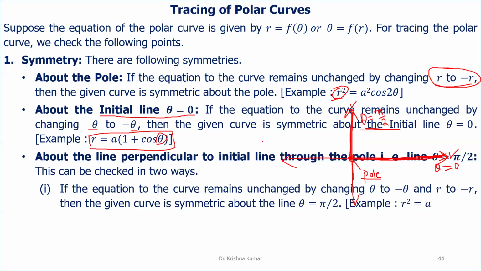For example, r square equal to a square cos 2 theta. Here, if we replace r by minus r and theta by minus theta, then the equation of the curve will not change. Therefore, this curve is symmetric about the line theta equal to pi by 2.